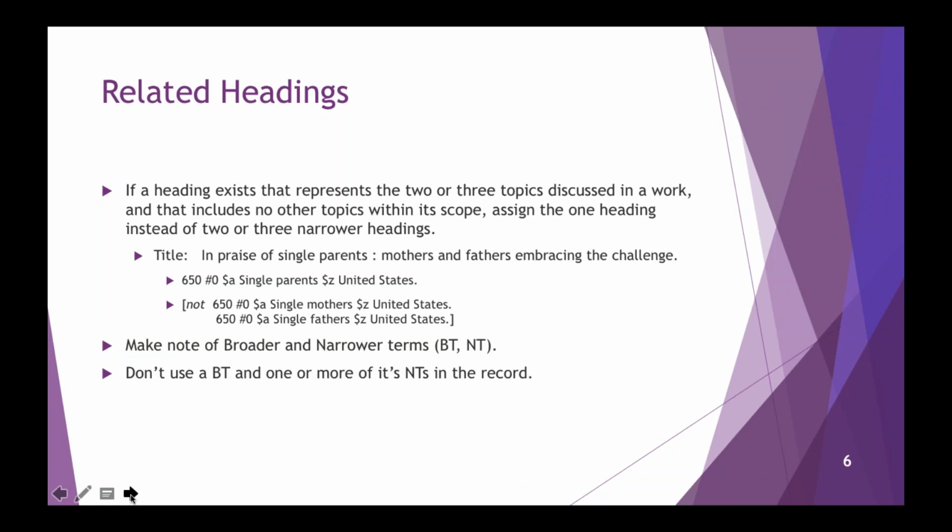So when you look at single parents, it has related term single mothers and a related term single fathers. So when you have a book that is about single mothers and single fathers, you don't do 2 subject headings, one for single mothers and one for single fathers. You use the one single parents that encompasses both of them.